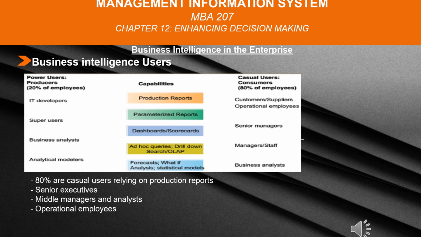While 80% are the consumers or users, which are the customers or suppliers, operational employees, senior managers, managers and staff, and also business analysts. So 80% are casual users relying on production reports, like the senior executives, middle managers and analysts, and also operational employees.